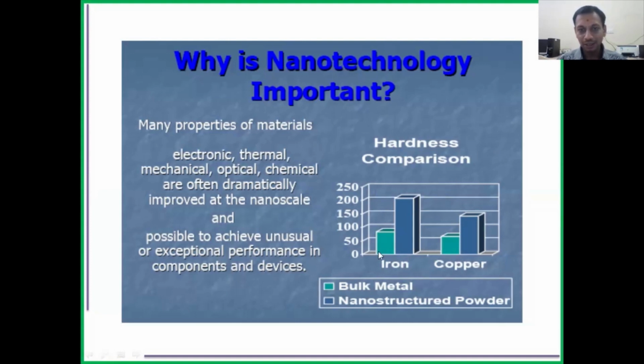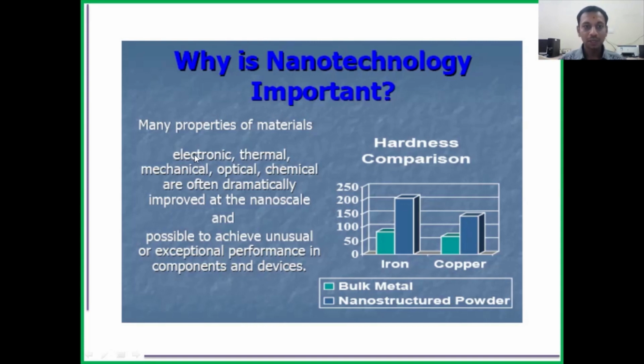The cream color indicates the bulk metal and the blue color indicates the nanostructure powder. When you convert this iron from bulk to nanostructure, hardness is also increasing. Same thing happened for the soft copper. For the soft copper also, you are increasing the hardness when you convert from bulk to nanostructure.